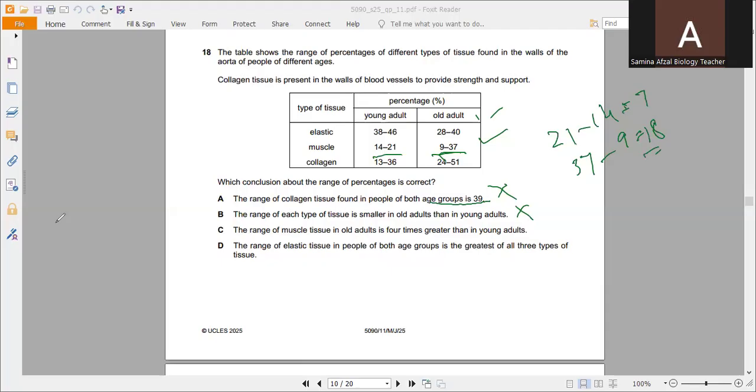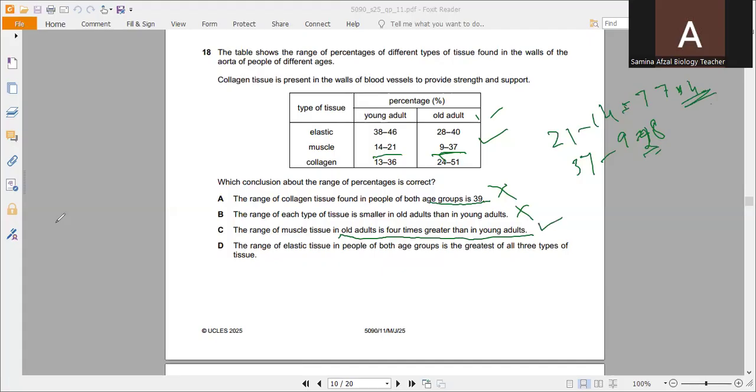So I would like to say the muscle in the old adult is 4 times greater than in the young. 4 sevens are 28, so it is 4 times greater. So C is the correct option.